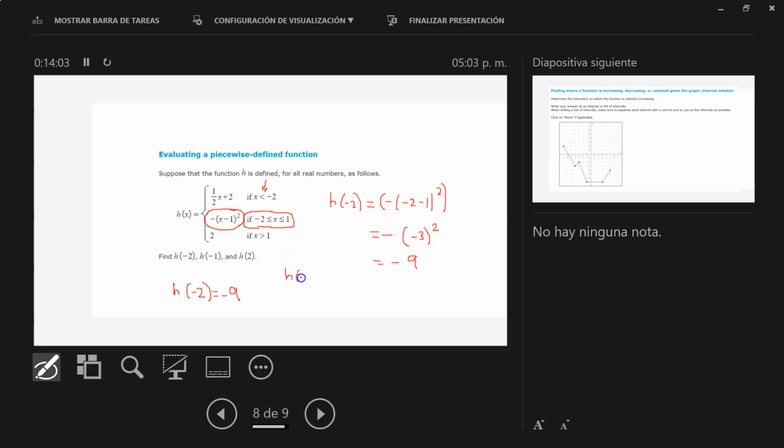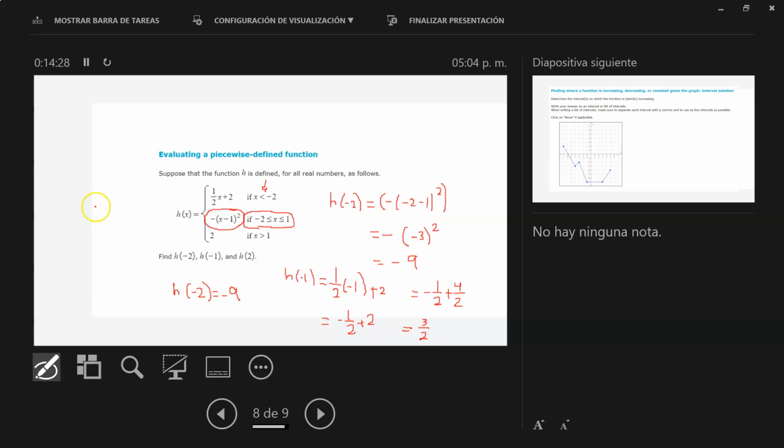So in order to solve h of -1, I'm going to substitute it in the first rule of correspondence: -1/2 times -1 plus 2, which is 1/2 plus 2, which is 1/2 plus 4/2, so it will be 5/2.